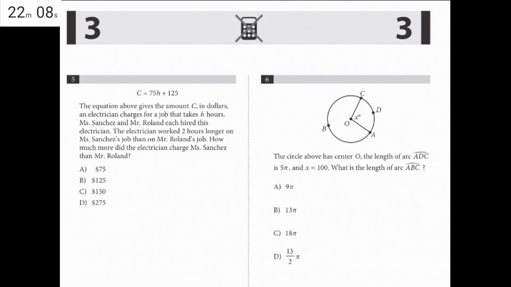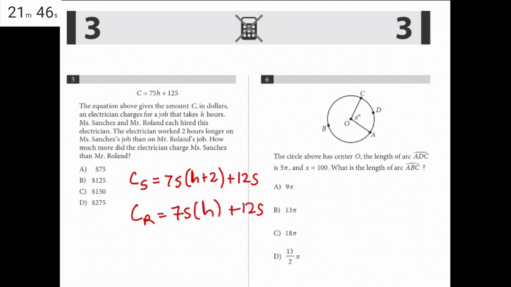Okay, so the cost for Sanchez is going to be equal to 75 times H plus 2, plus 125, and the cost for Rowland is just going to be 75H plus 125. So the difference is 2 times 75, which is equal to 150. So the correct answer choice is C.